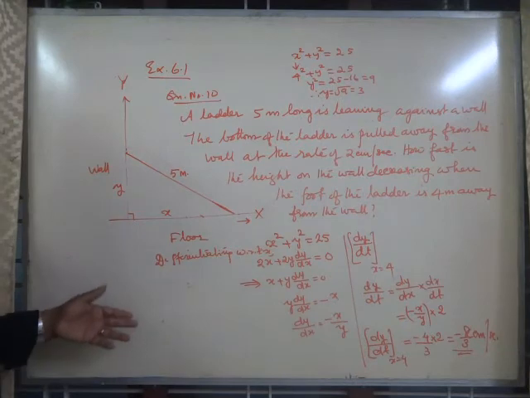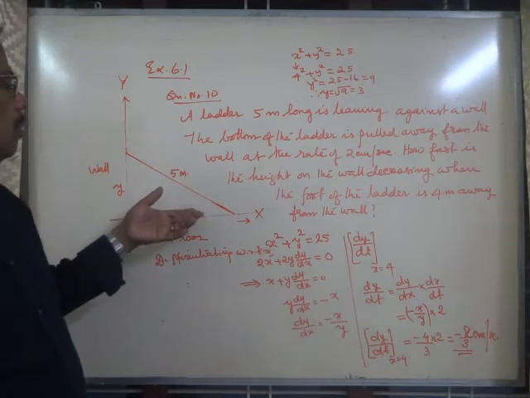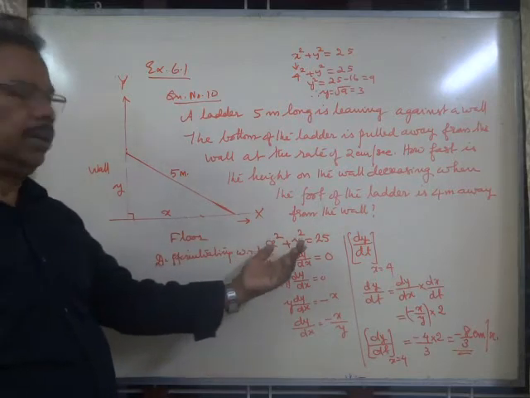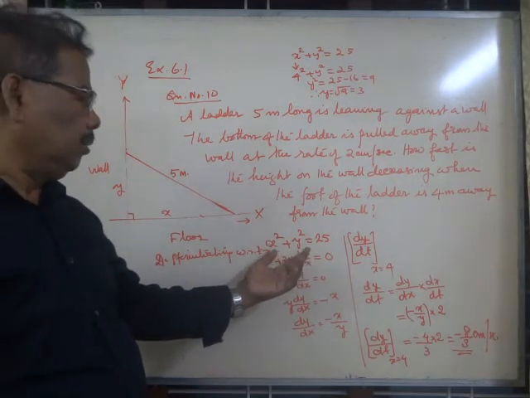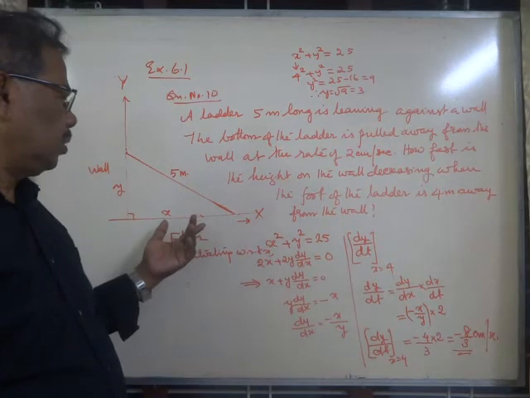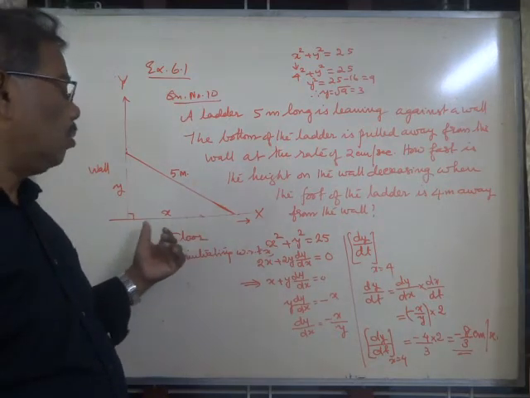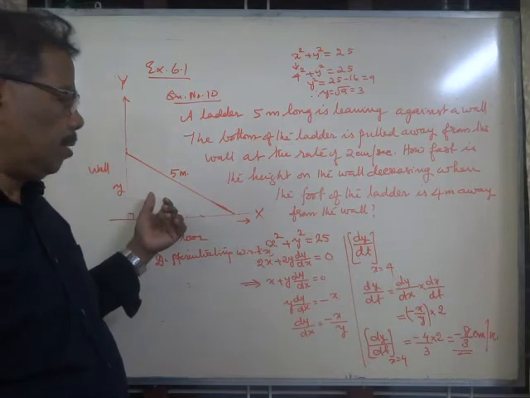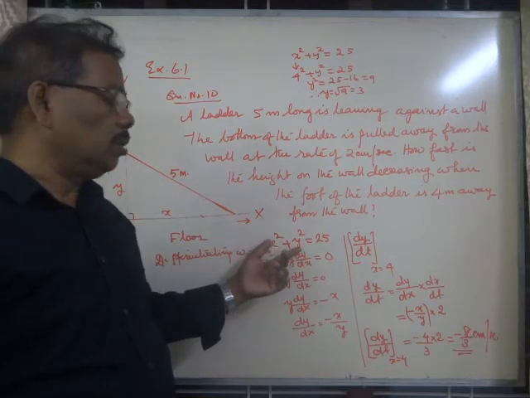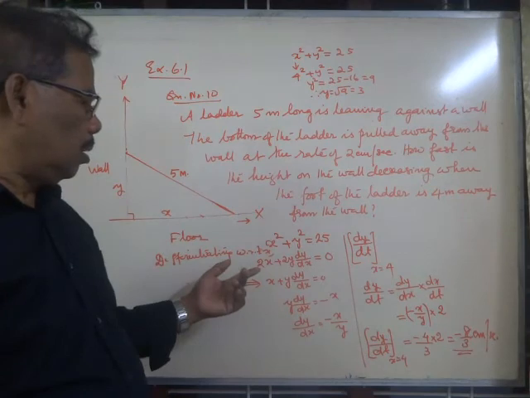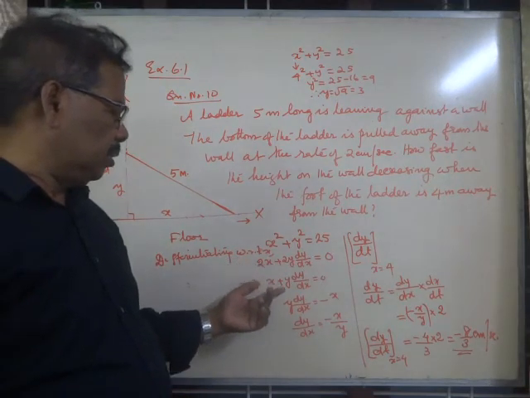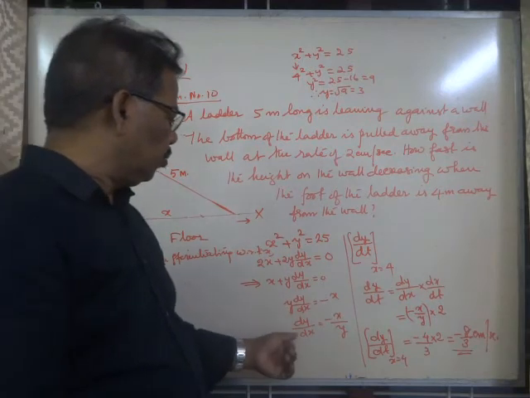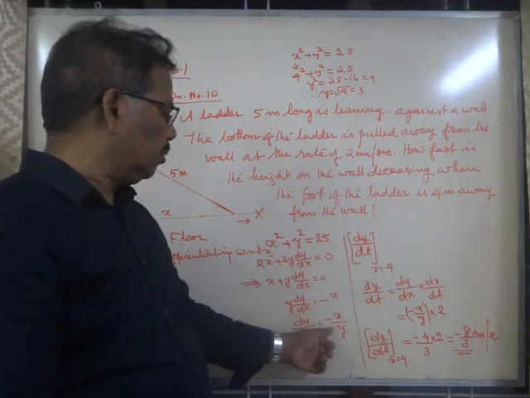Once again, we first formulated an equation connecting the distance of the bottom of the ladder from the wall and the height of the top. It is given by x square plus y square equals 25. Then differentiated, and we got a result for dy by dx as negative x by y.